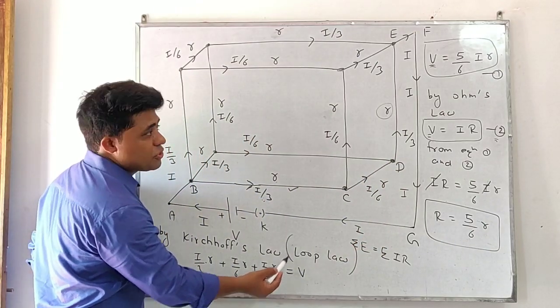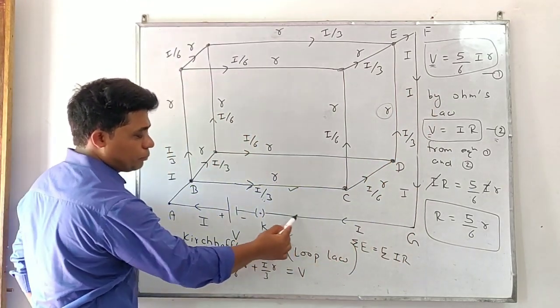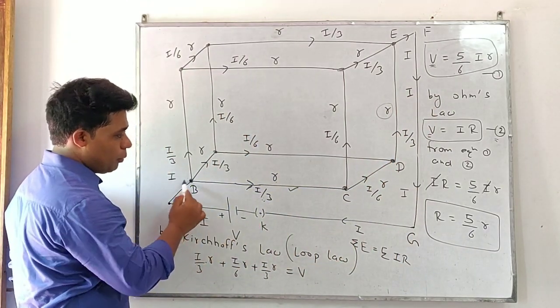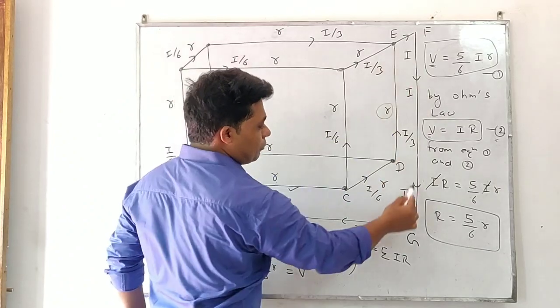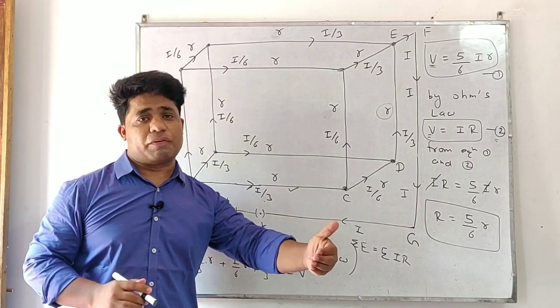After that, there will be no resistance. We complete our path from positive terminal to negative, and we just multiplied current into its resistance.